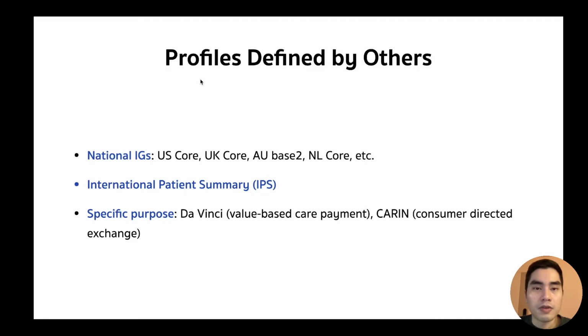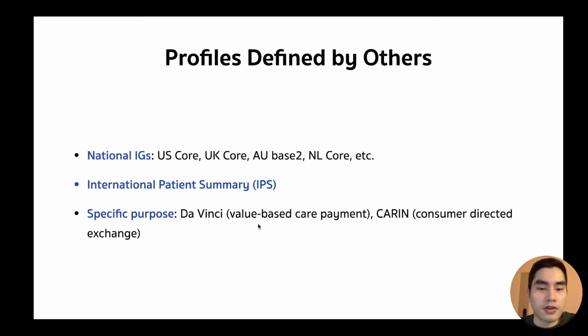And there are also profiles defined by others. Like I mentioned earlier, there are a lot of national IGs, the US Core, UK Core, AU, NL, and other countries. International Patient Summary is for exchanging the patient summary between countries, and some profiles may be designed for a specific purpose, like the Da Vinci.